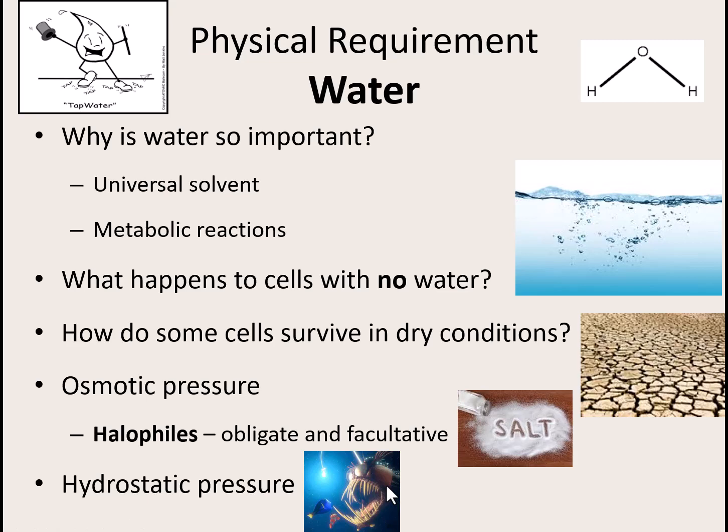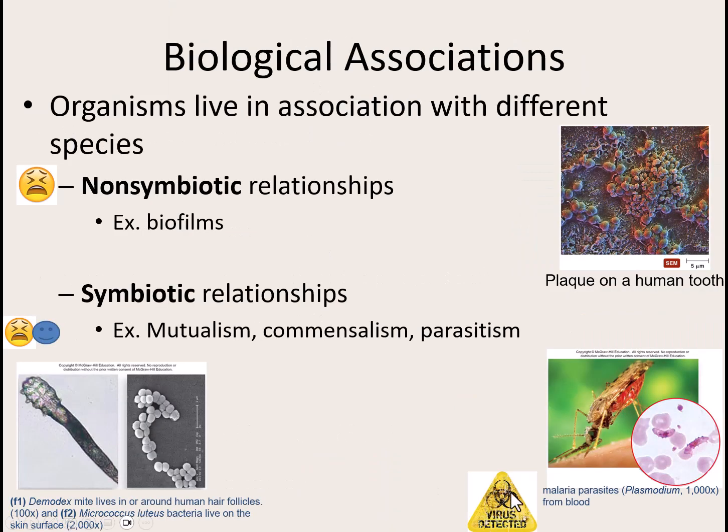Now, moving away from some of those physical requirements, because there are some organisms that have adapted to always live with other organisms. Whether they cause them harm or not, they have adapted to live with different organisms. So we're just talking about organisms that live in association with some other different species.